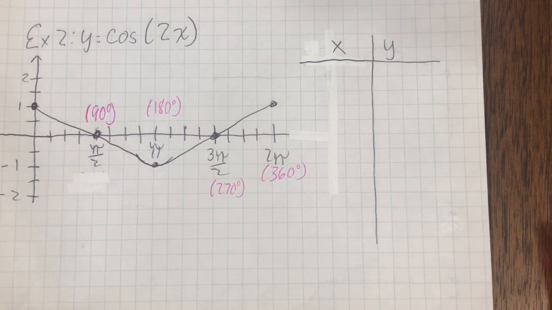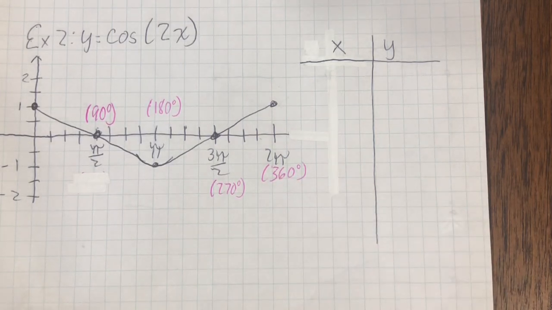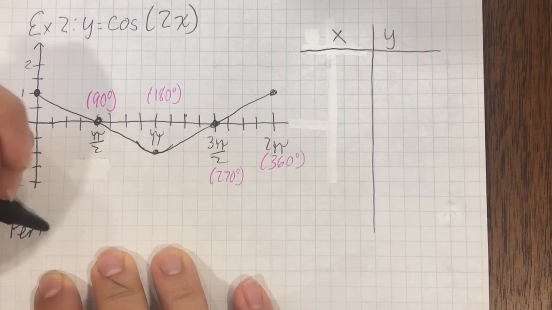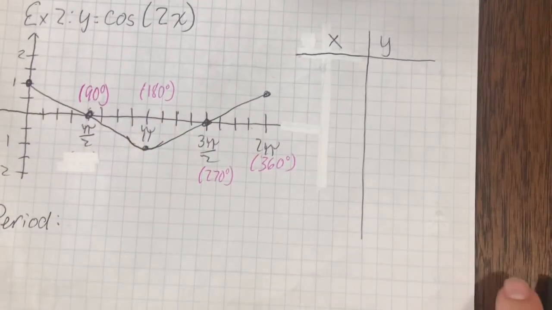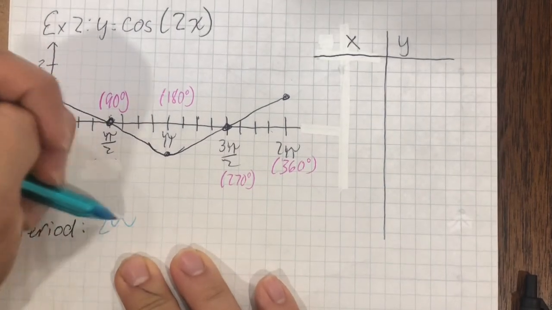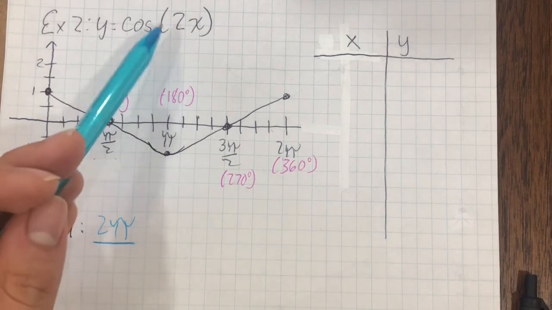So that means that with the period, I'm going to have a new degree at which the graph will start to repeat. Instead of it being 2 pi, we're going to have a new radian. All right? So let's go ahead and figure out the period first before we start graphing anything. I'm going to start off with the period. Now with the period, we have 2 pi, and then I'm going to divide that by the number that's in front of x, which is 2.